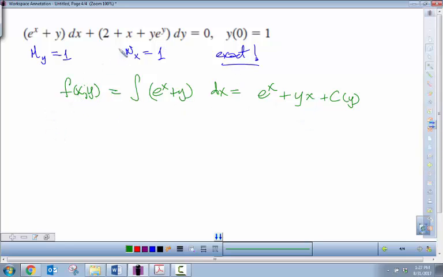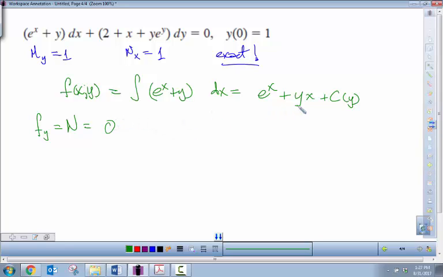You're going to take the derivative of that with respect to y, and we should get the n function. So the derivative of this thing with respect to y: the derivative of e to the x with respect to y is what?